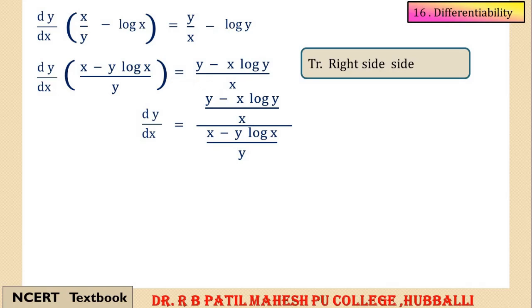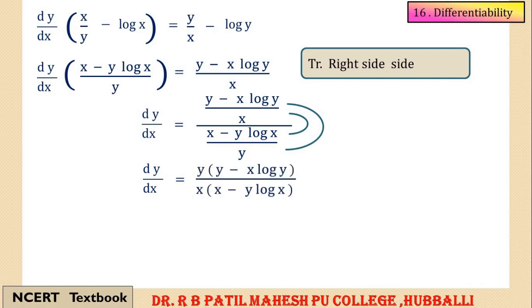And here this y goes to the numerator by the division property, and this denominator x minus y log x goes multiplied to x. So dy by dx is equal to, y is taken to the numerator and x goes to the denominator.